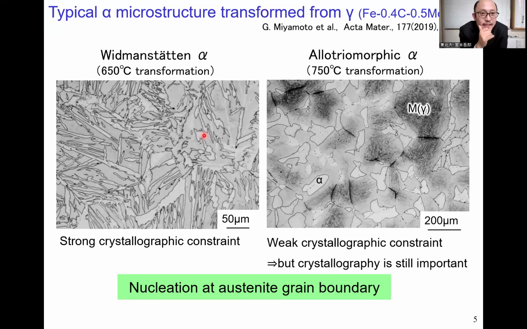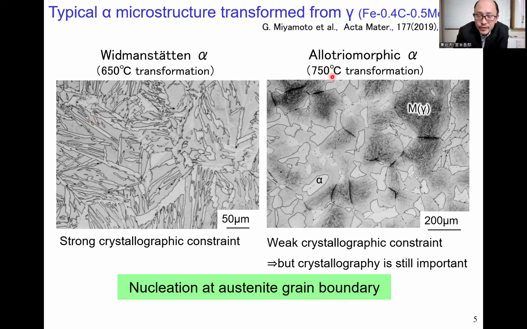So this is a typical ferrite microstructure formed from austenite. At relatively low transformation temperature, the Widmanstätten ferrite forms, as shown in this figure. Those ferrites have a plate shape or needle shape in three-dimensional morphology, and grow along a specific crystallographic plane.